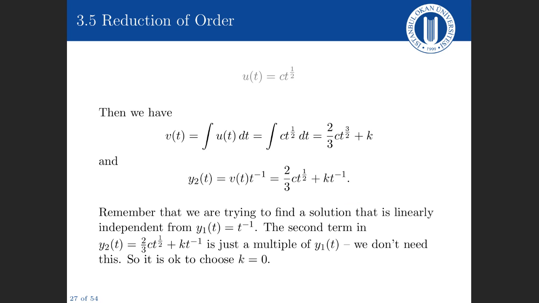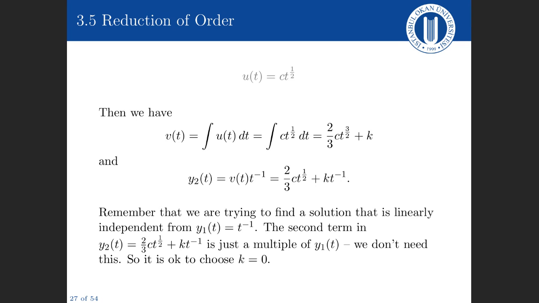We can simplify this by making a smart choice of the constants c and k. The first thing to note is we're trying to find a solution which is linearly independent from t to the power of minus 1.